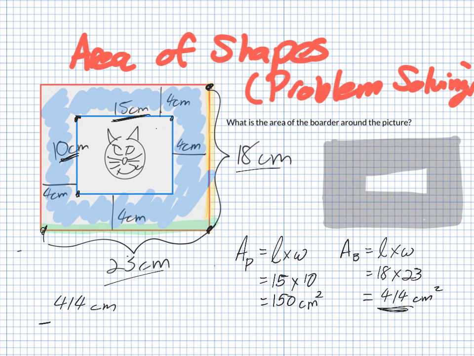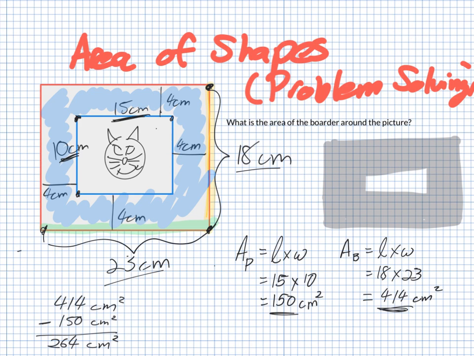Subtract, what was the area of the picture? 150 centimeters. And technically they're squared. Okay? Let's subtract on your calculator 150 from 414. 264. And because it's area, we always write centimeters squared.